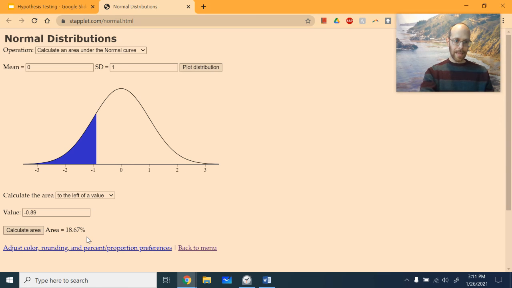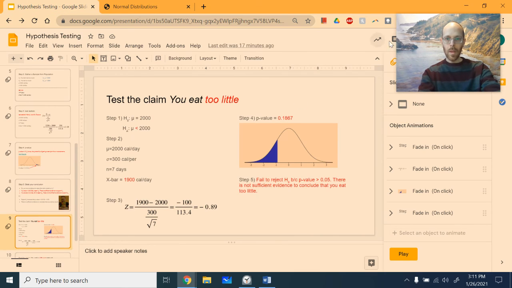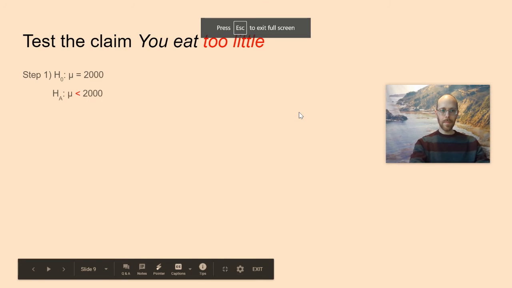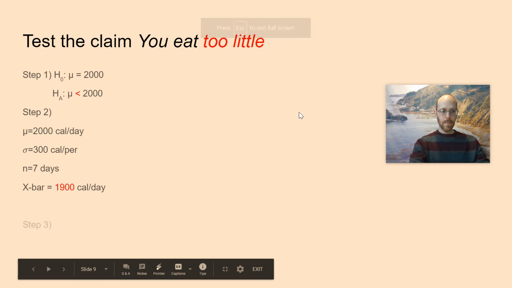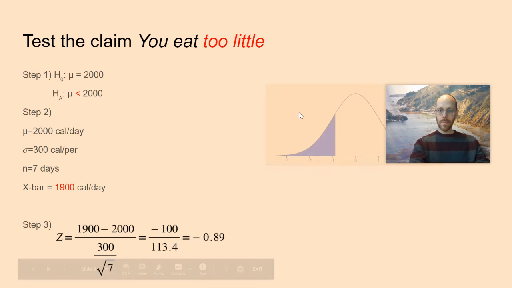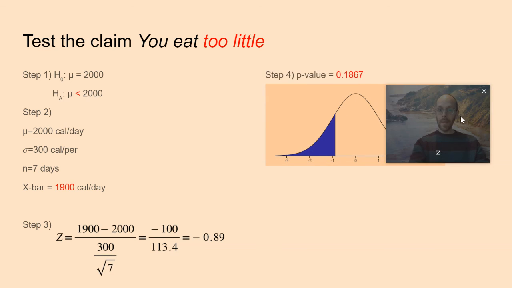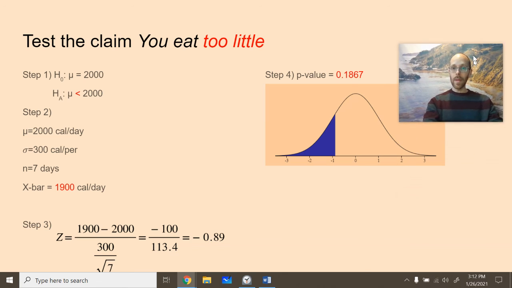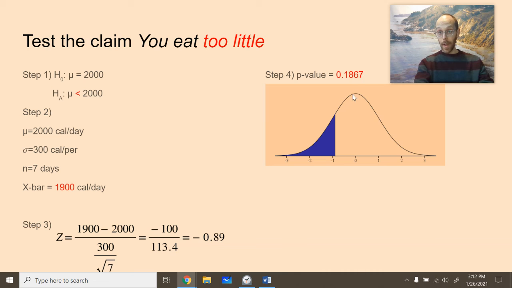We're getting, what is that, 18.67. So let's go back to here. Now our p-value looks like this. Note that this p-value is larger than 5%. So that's going to change our conclusion.